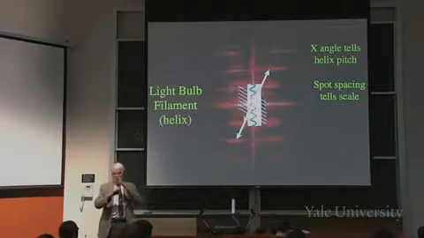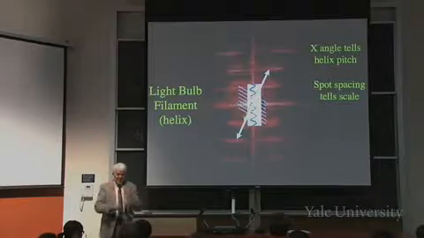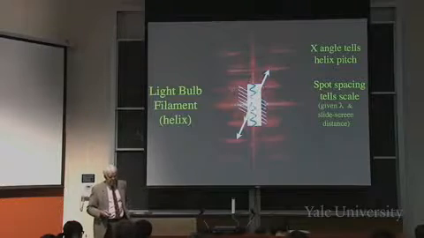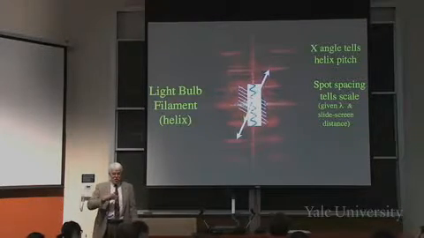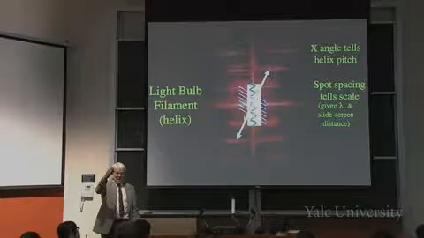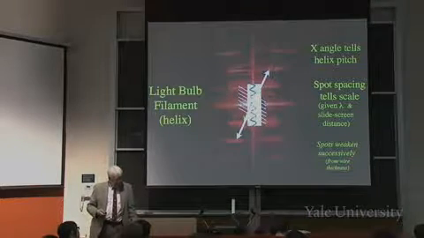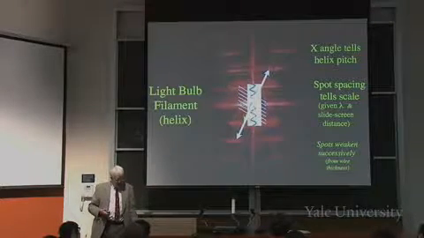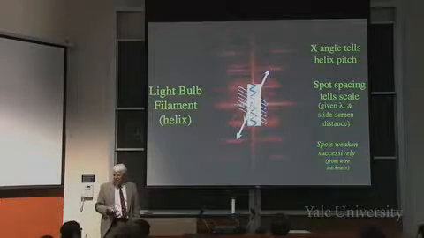The angle you get from the X, but how big the actual helix is, you get from the spacing of those dots, if you know the wavelength and the distance that you're magnifying, in the case of the demonstration, the distance from the slide at the back of the room to the front of the room. And the spots weaken successively because of wire thickness, as we just explained, as you go on out.